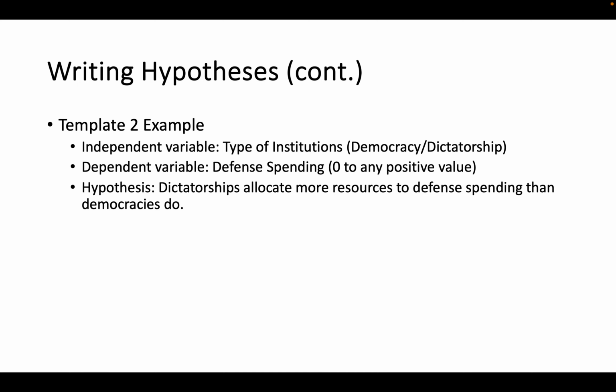The hypothesis is that dictatorships allow more resources to defense spending than democracies do. Because in democracies, the rationale would go on to say, people have more spending priorities that governments need to satisfy. In a dictatorship, the population may not be able to express its policy preferences. So the government would feel carte blanche to spend more on the military. Governments do not feel this kind of carte blanche aspect in spending in democracies.